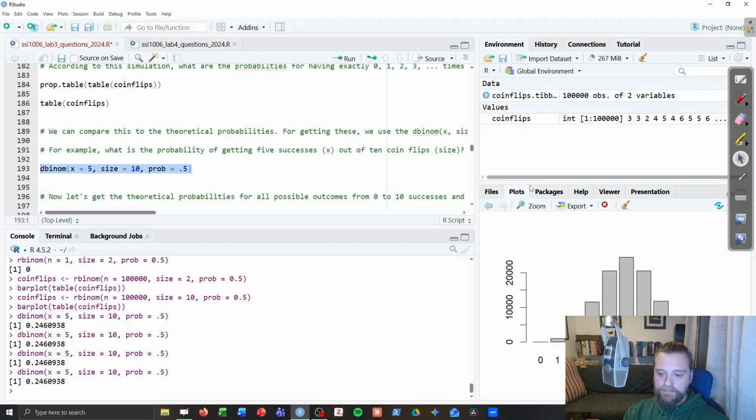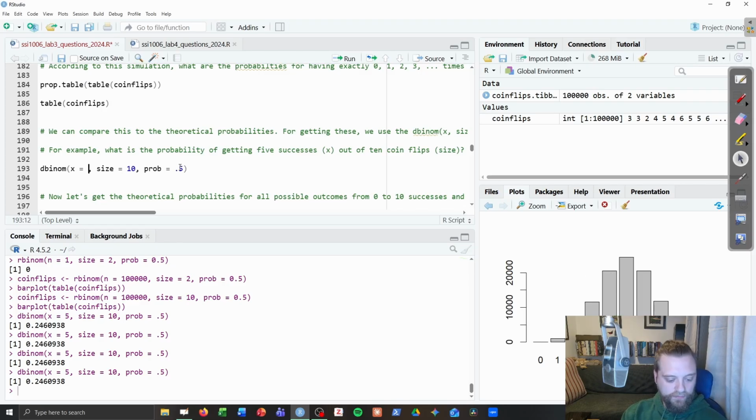Now, what does this mean? Well, 0.24, so about 1/4. We transferred it into a percentage. Well, let's look at our random data. So 5, we've got about 25,000 out of 100,000. In other words, 25% of our answers. For 4, it's a bit lower than that.